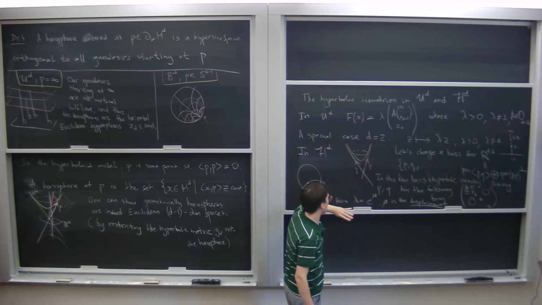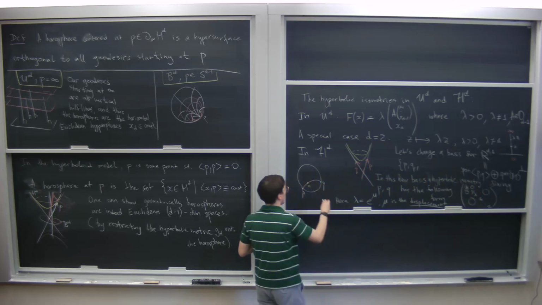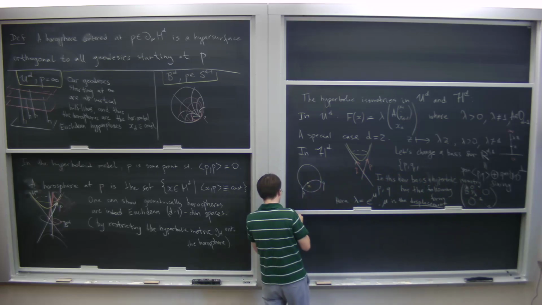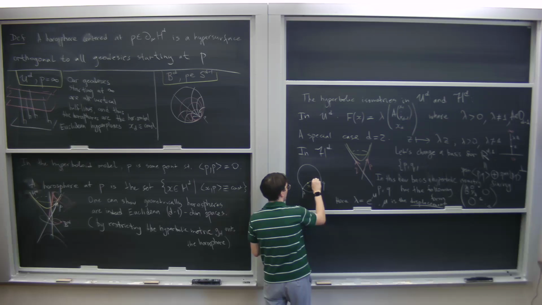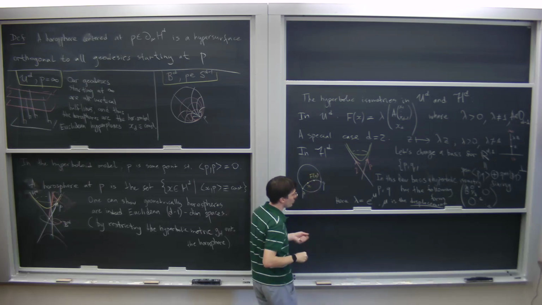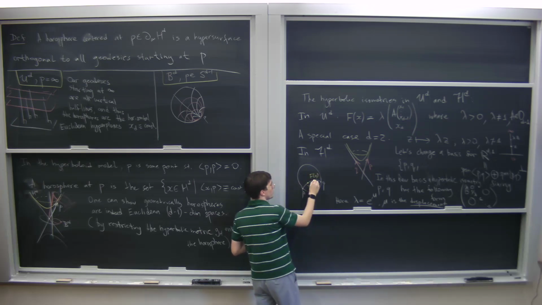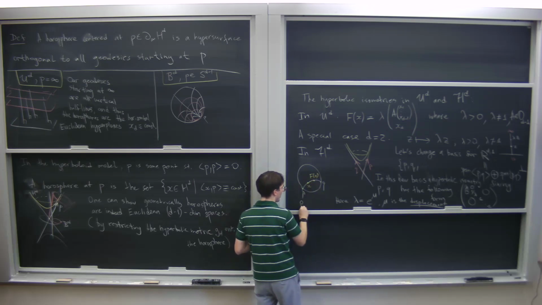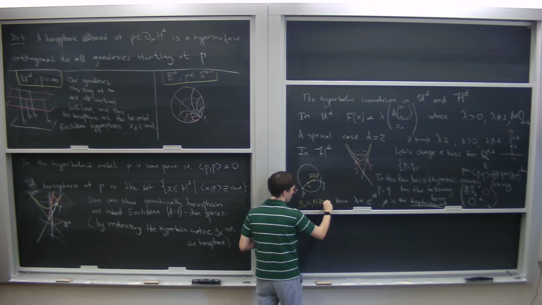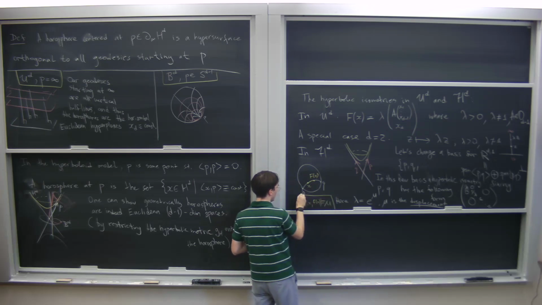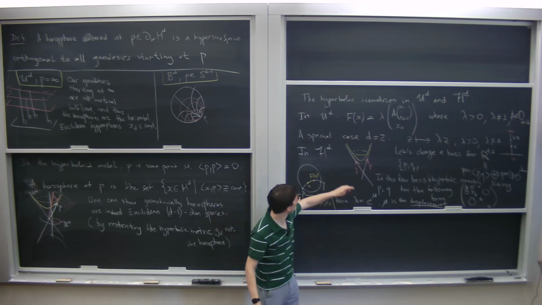Okay, in this case x is sent to the point y, f of x, and the hyperbolic distance between x and f of x is precisely mu. So this is the picture.